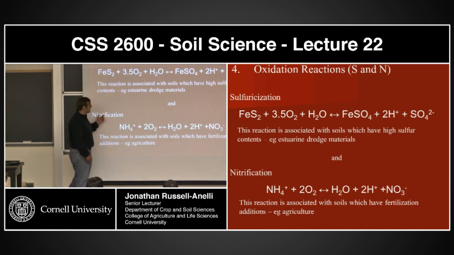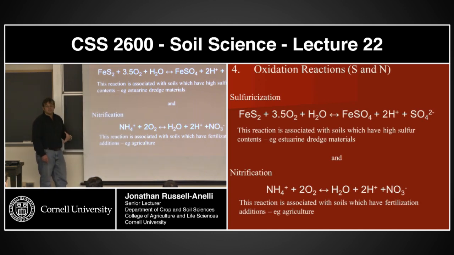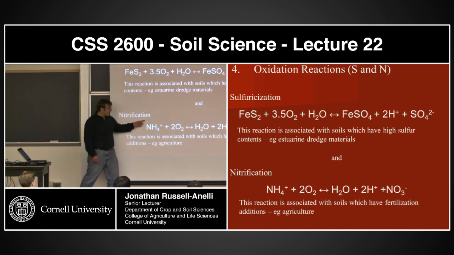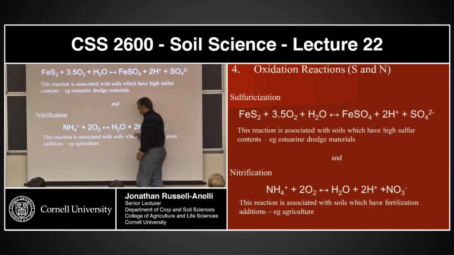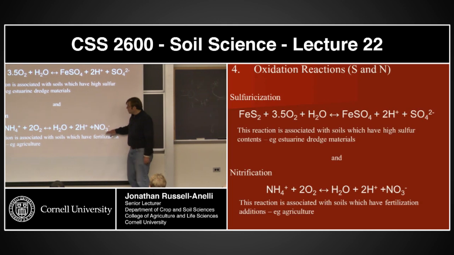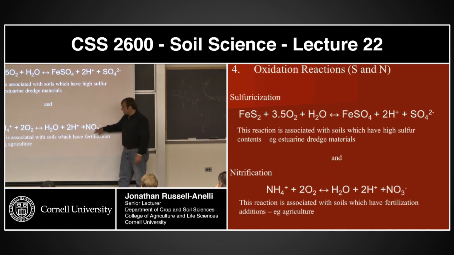Another example of this is nitrification. This has to do more with agriculture. If I start adding ammonium as a fertilizer to my soils in the presence of oxygen, I'm basically going to be making water and nitric acid, another strong acid. I get two protons for the nitrate. This reaction is associated with soils that have a lot of fertilizer.